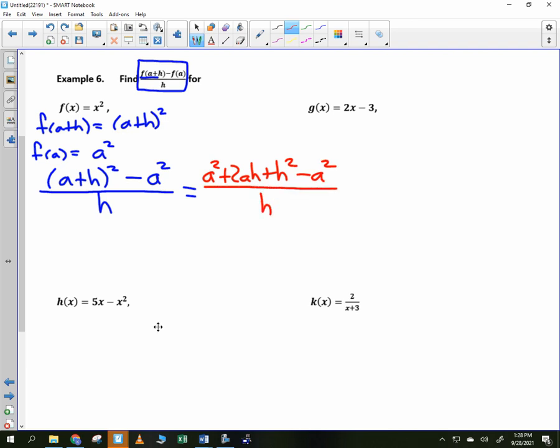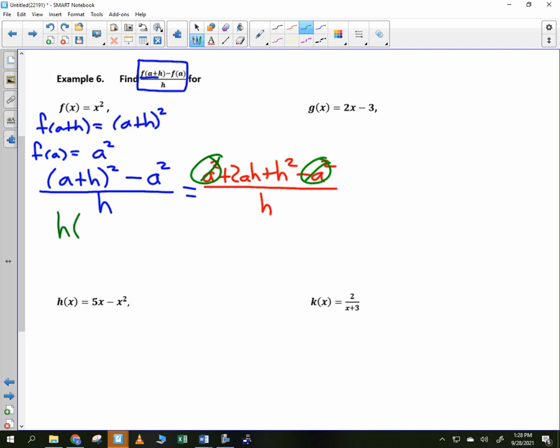If you've done it correctly, you should notice that everything that doesn't have an h should cancel. Does it? Yeah, what cancels? A squareds are gone. Does everything else have an h? So what could I do to make it simplify with the denominator? Factor out an h.